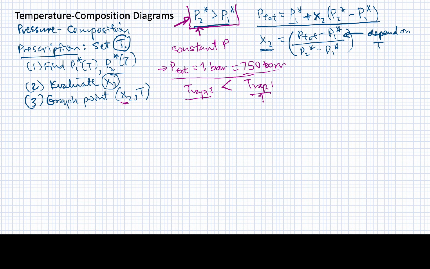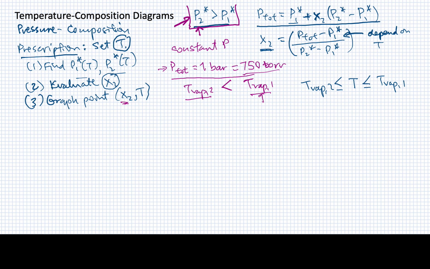Now it turns out that these boiling point temperatures are going to limit the range of temperature that we can look at. In fact, we're always going to be interested in temperatures that lie between the two boiling points, because if it's below both boiling points, nothing's going to boil. So I'm going to have T vaporization of 2 less than or equal to temperature, and that's going to be less than or equal to T vaporization of 1.